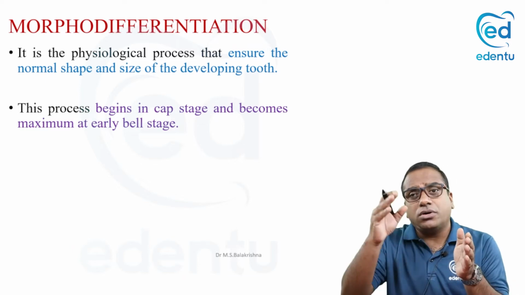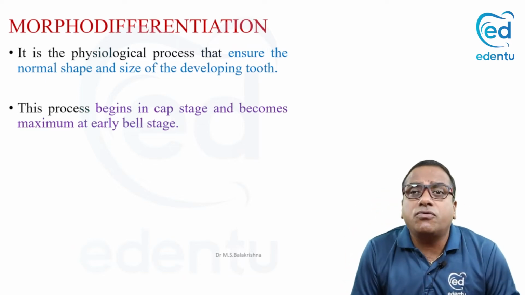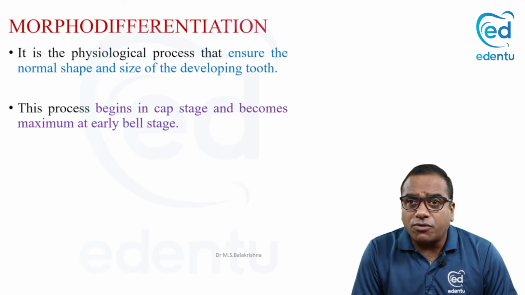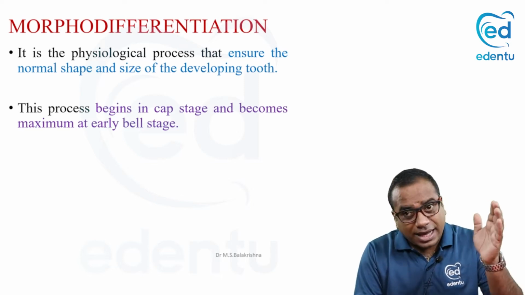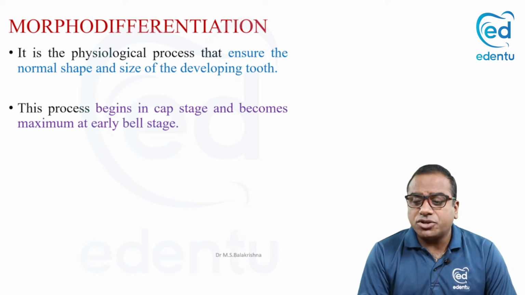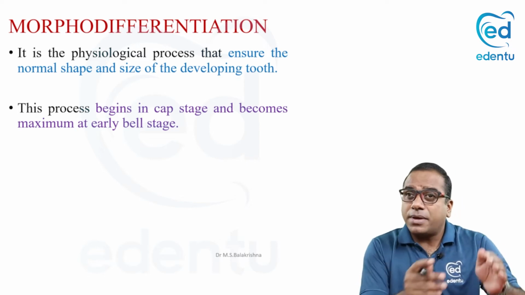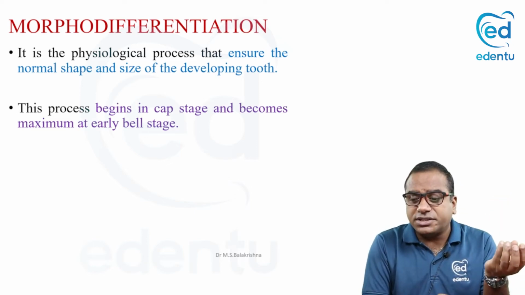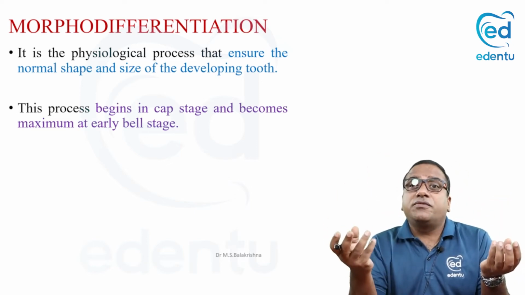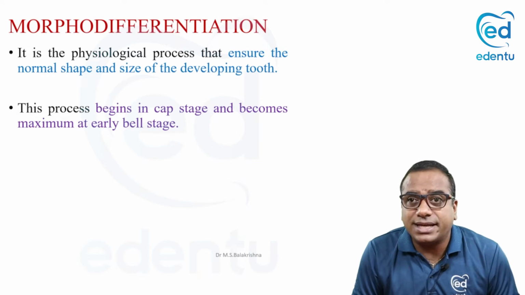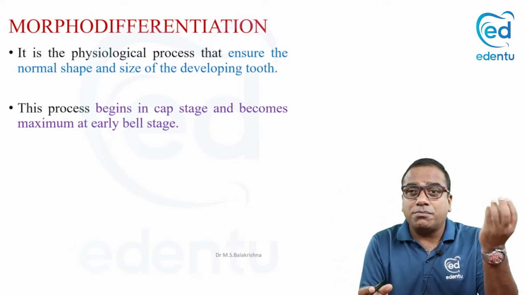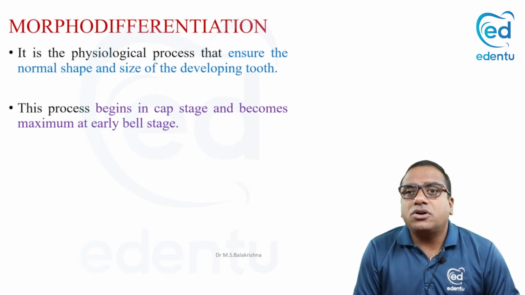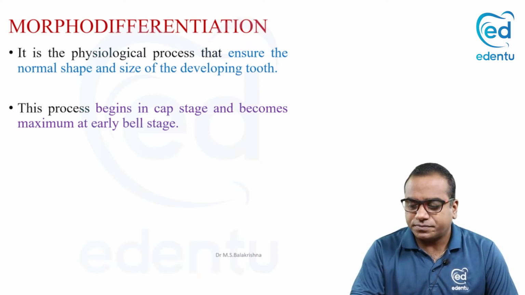So from the cap stage to the early bell stage, maximum morphodifferentiation is taking place. As it proceeds through different stages, morphodifferentiation makes sure the tooth germ changes from an undifferentiated stage, that is in the bud stage, to a highly differentiated stage in the bell stage. The change that takes place from bud stage to bell stage is because of morphodifferentiation.